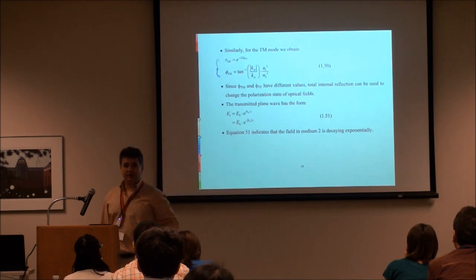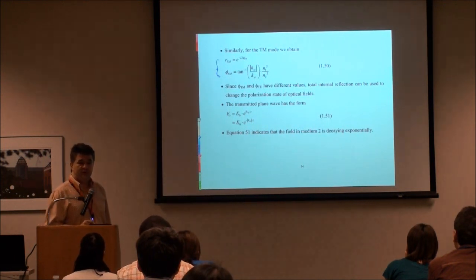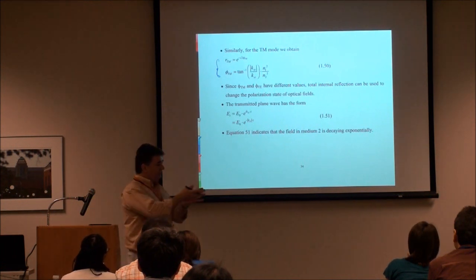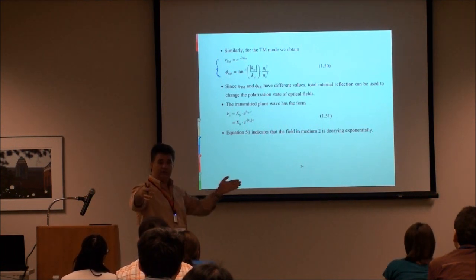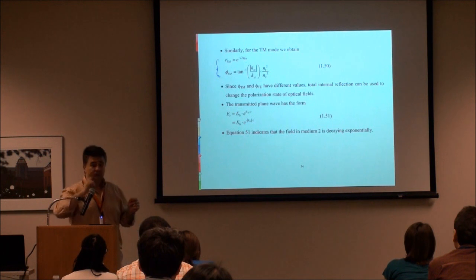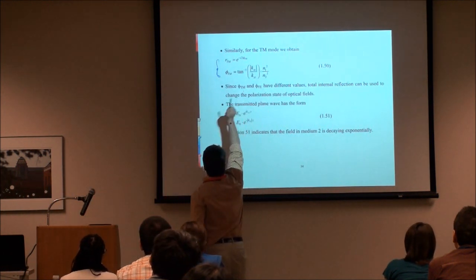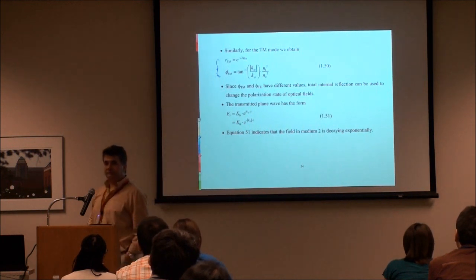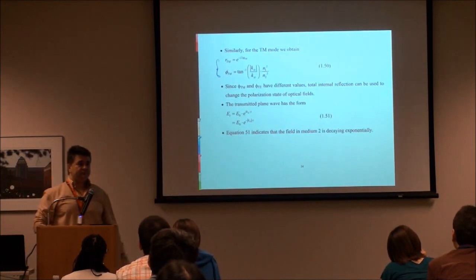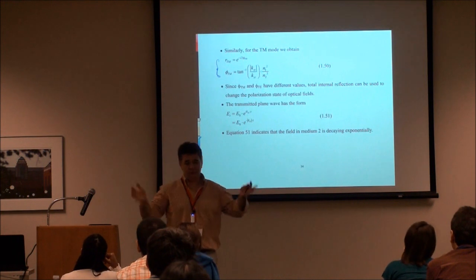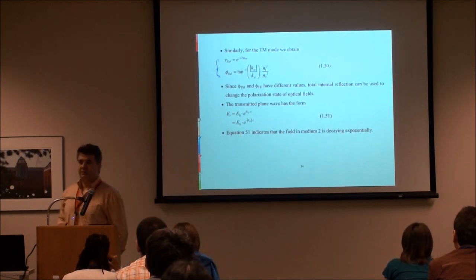I can always find a total internal reflection angle, provided that refractive index 2 is lower than refractive index 1. Very important. What's different is that this phase shift, phi TM, is different. But when you do fluorescence, you don't care about that.